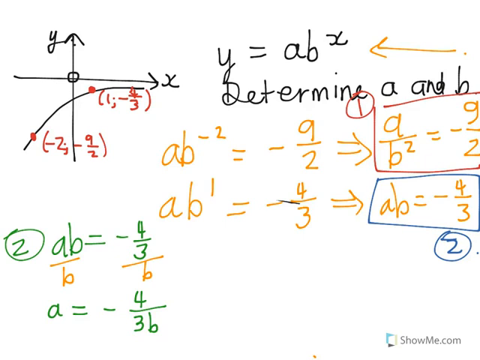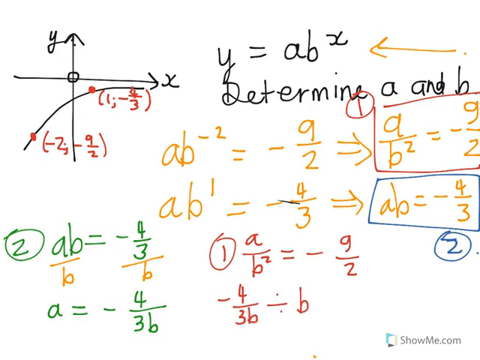So I'm going to take that and put it into my first equation. According to my first equation, a/b squared is equal to -9/2, and so I substitute that there. It might be easy because I'm going to have a fraction divided by something else, so I'm going to write it as -4/3b divided by b squared is equal to -9/2. Dividing by b squared is just the same as multiplying by 1/b squared, right?